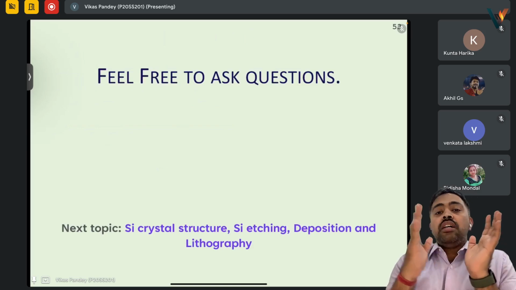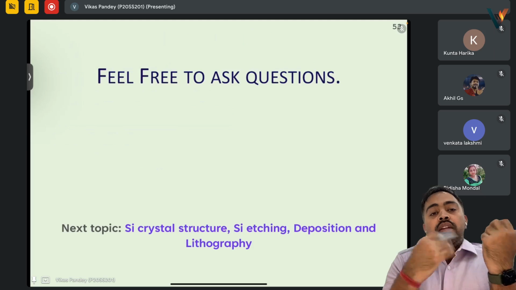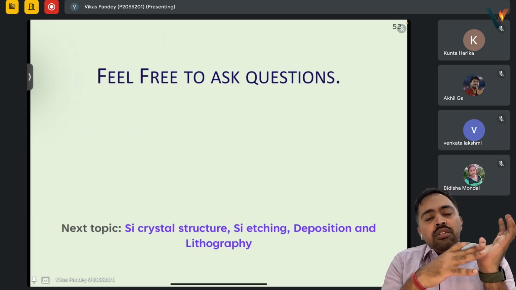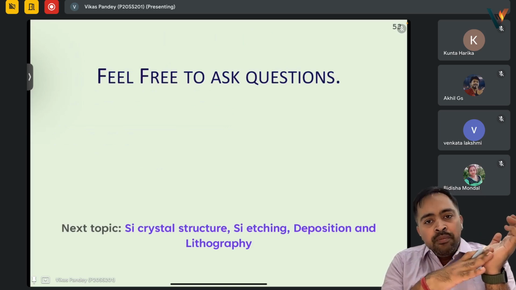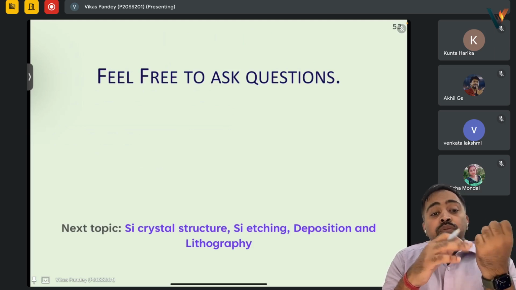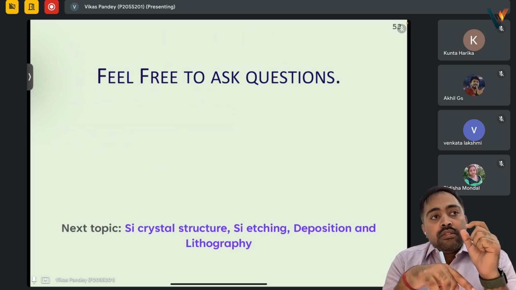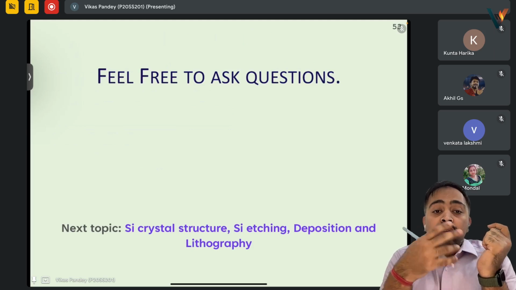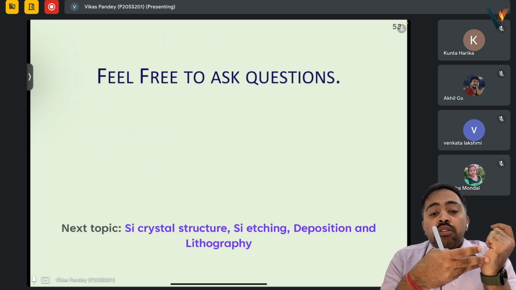In the next class, next week, we will be starting from how, after we saw the fundamental theory, which you may already be knowing, these things are actually made, how these sensors are actually made.